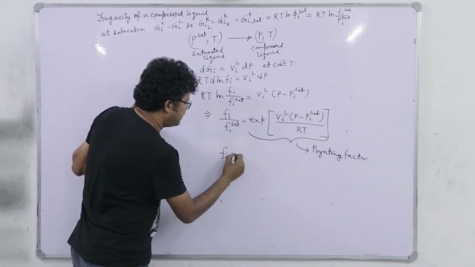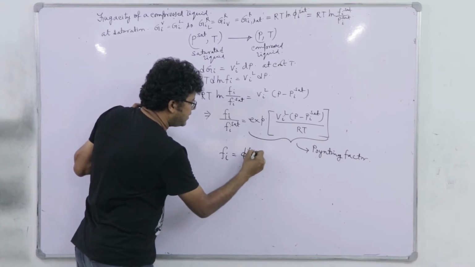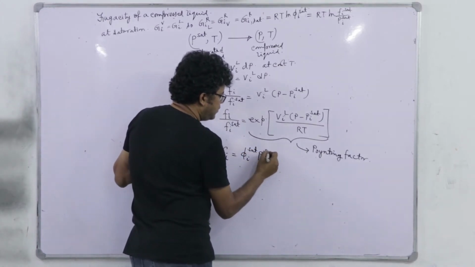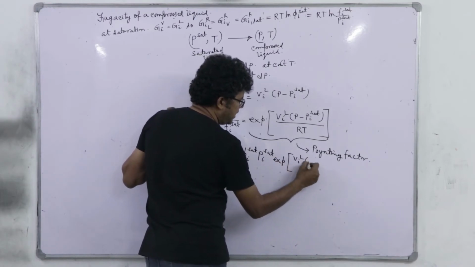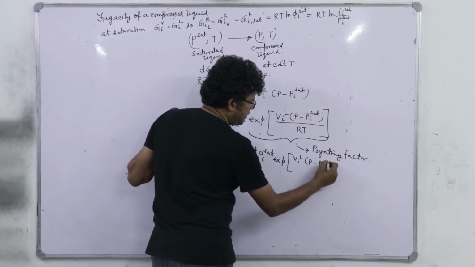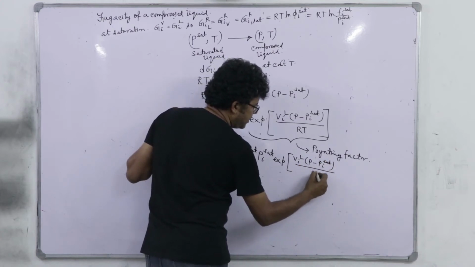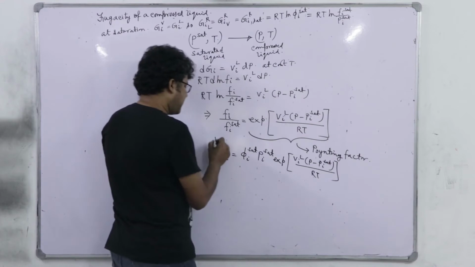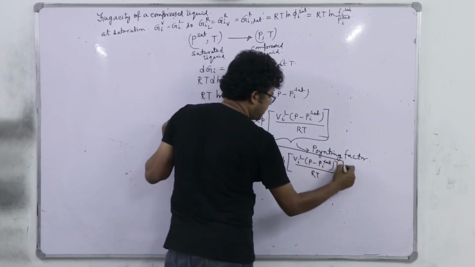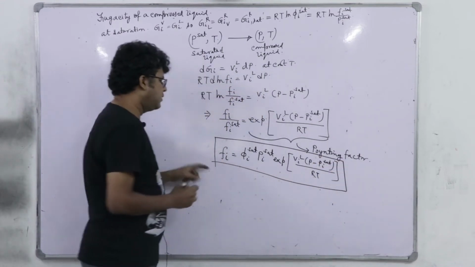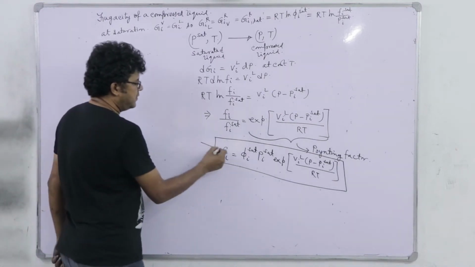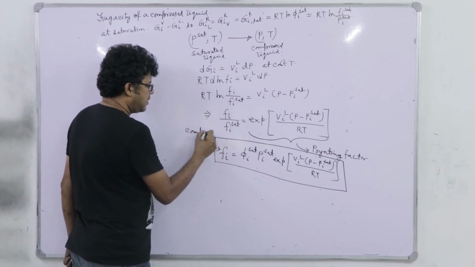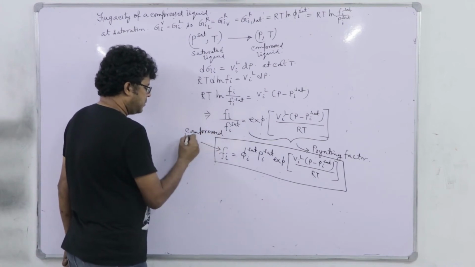Further we can write that fi is equal to phi i sat into Pi sat into exponential of ViL (P minus Pi sat) by RT. So that is the final foolproof relation for this compressed liquid fugacity through the Poynting factor.